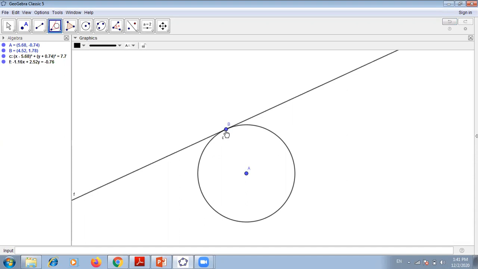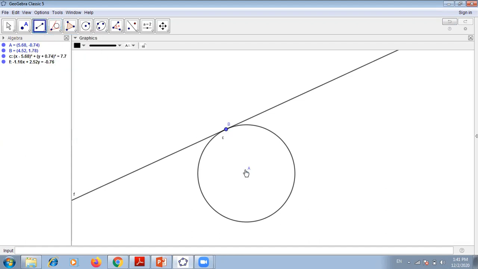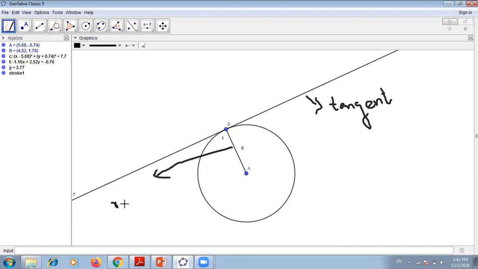And now if I join the radial segment, you can see the segment from A to B. For confirmation, that line is the tangent line, and that is the radius line or radial segment.